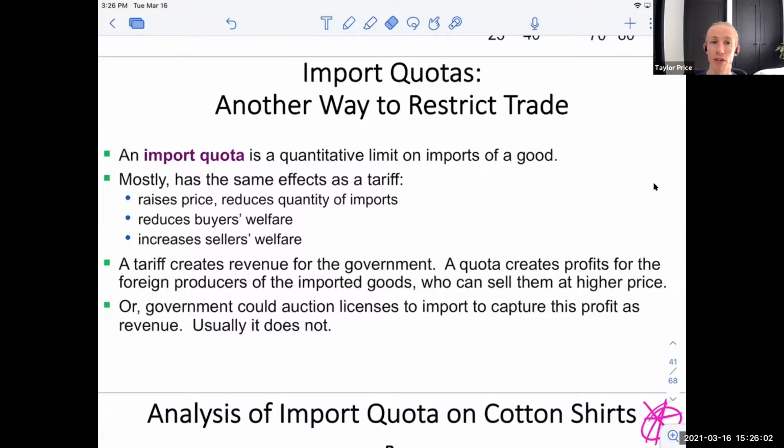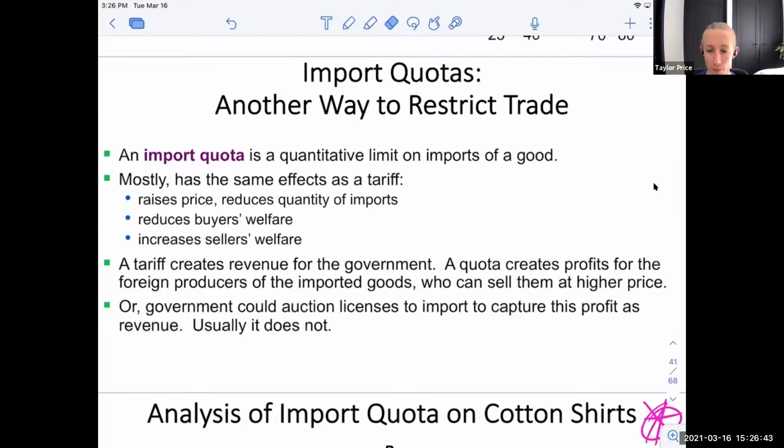A tariff is basically a tax on imported goods, whereas a quota is basically saying we are going to allow, let's say Canada, to import 20 cotton shirts into the United States, only 20. So rather than set up a tariff, the government is giving certain foreign producers the ability to import goods into the country, but only a specific amount or quantity of that good.